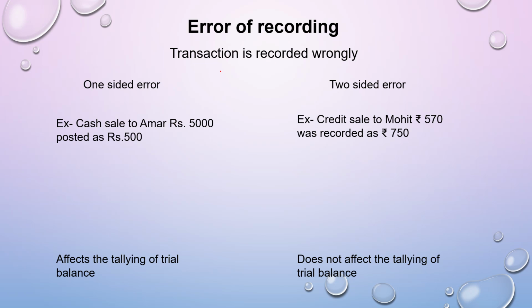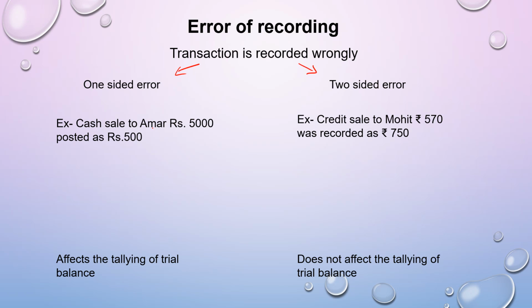The transactions recorded wrongly can lead to only a one-sided error, which means only one account is being affected, or it can lead to two-sided errors, where two accounts are affected, both the sides, debit and credit. You call it two-sided errors. But to understand this, let us look at this example.